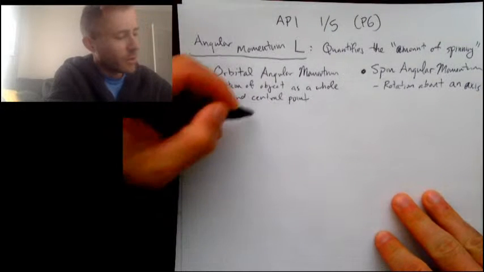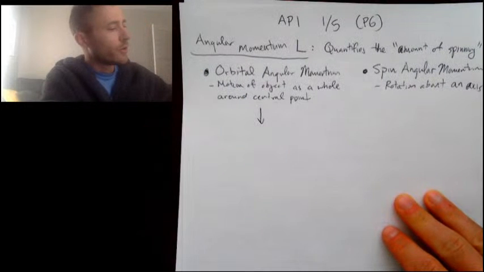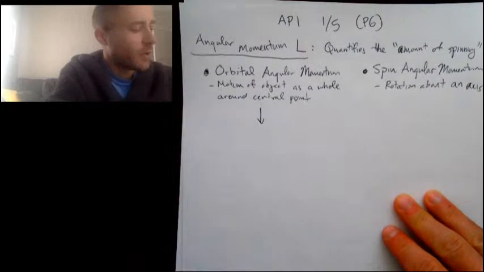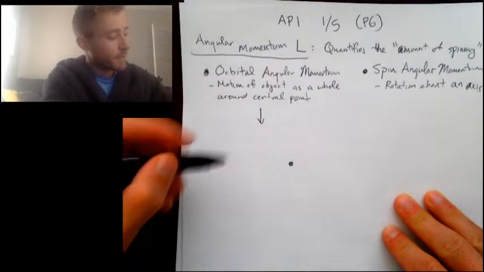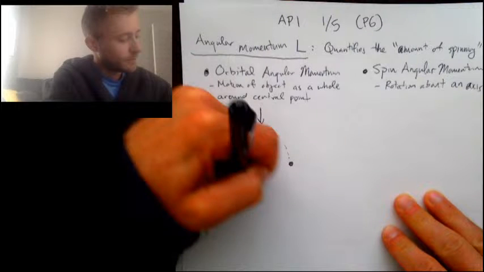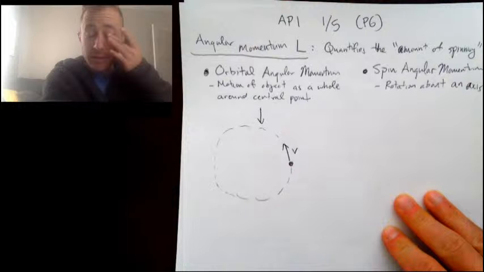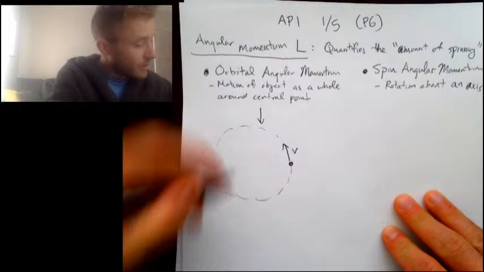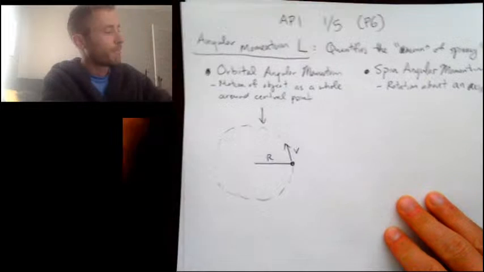So the first thing I want to talk about is orbital angular momentum. What we want to think about is an object moving in a circle. The speed of that object around its circle is v. The radius of that is r.